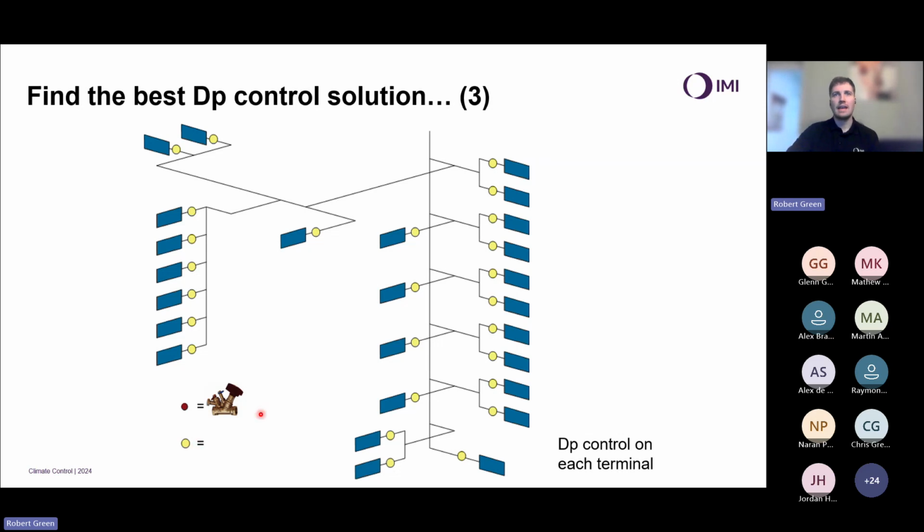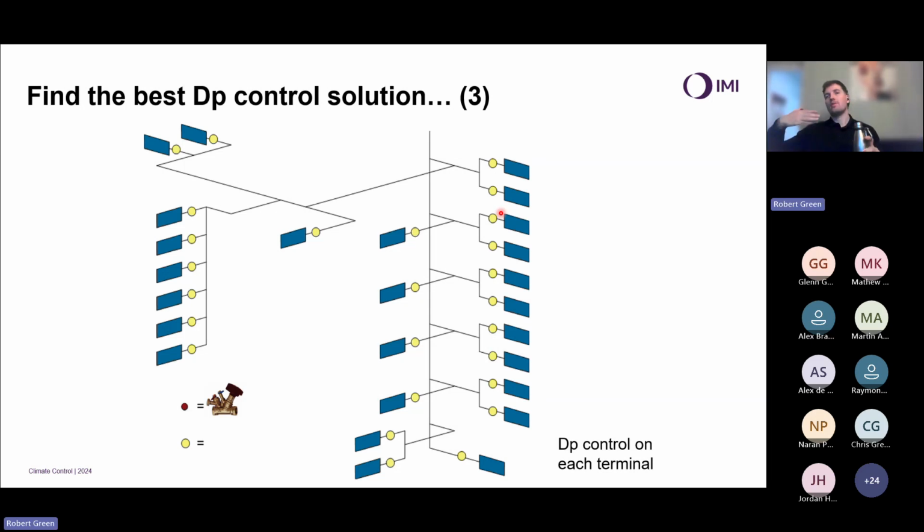So now each and every terminal is going to have a dynamic device in a pressure independent control valve to provide balancing and control under varying available differential pressure. So that is the sort of the different solutions we could offer.